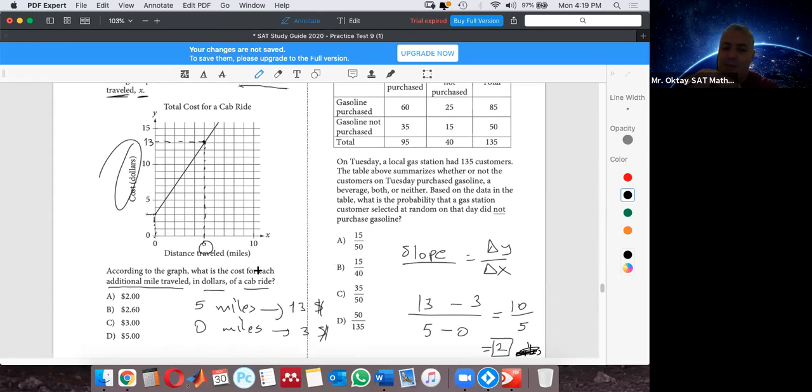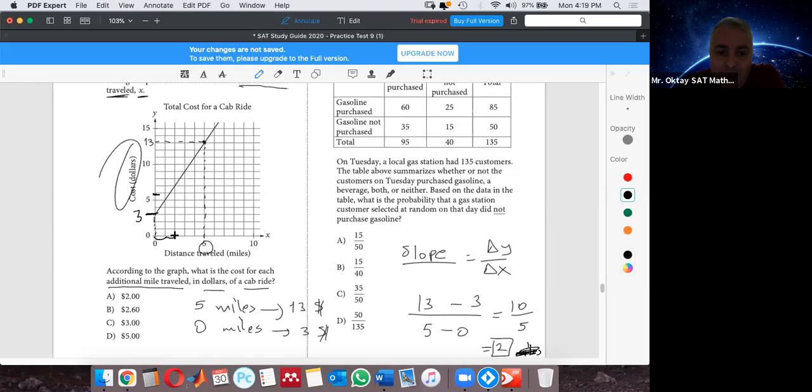Is it clear? Let me tell you. For example, at the beginning, without going anywhere, it's just a fee, like a service fee, or an initial or hidden fee, whatever you call it. Now, when you go the first mile, you pay this money.